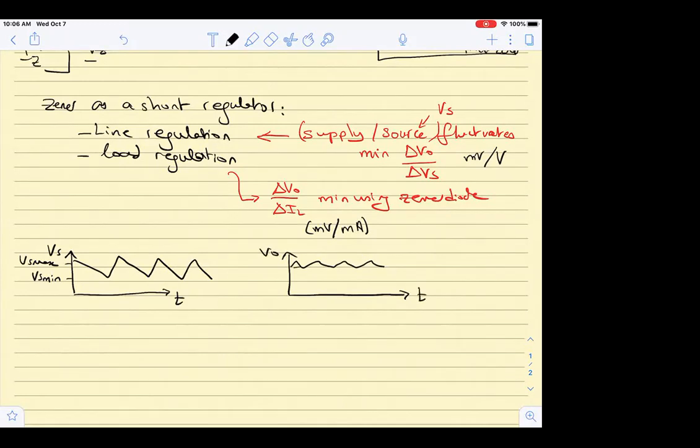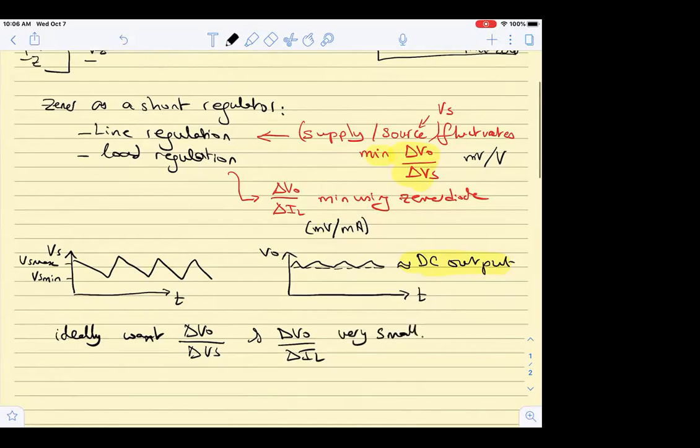We want the output across the Zener to be approximately DC. When delta VO over delta VS is small, you will get roughly a DC output. Ideally, therefore, we want delta VO over delta VS and delta VO over delta I load to be very small. This is the objective of the Zener.